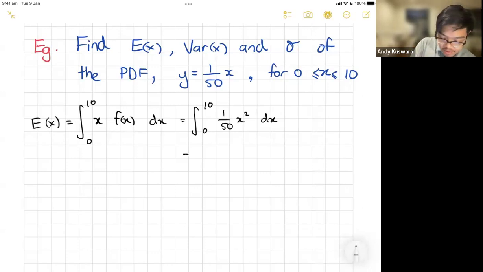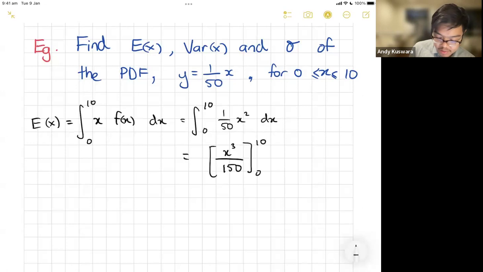From here, let's integrate, raising the power by one. It's going to be x cubed on 150 between 0 and 10. Hopefully that's what you end up with. That ends up being 1000 over 150, take away 0 on 150, which is just 0.